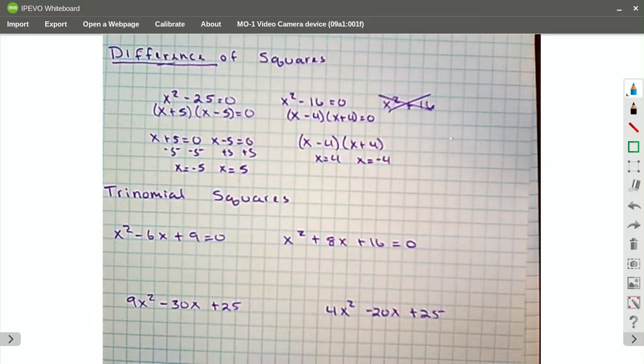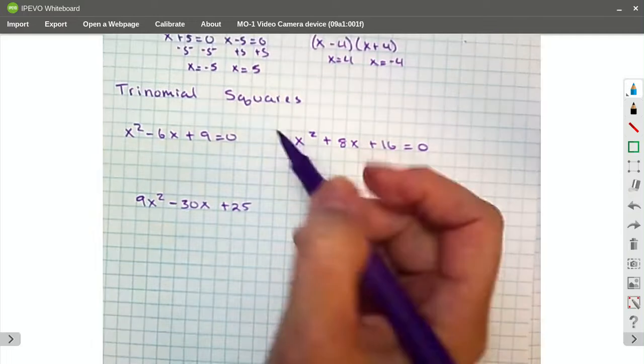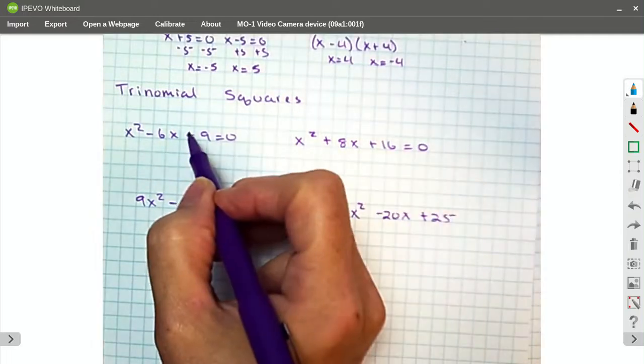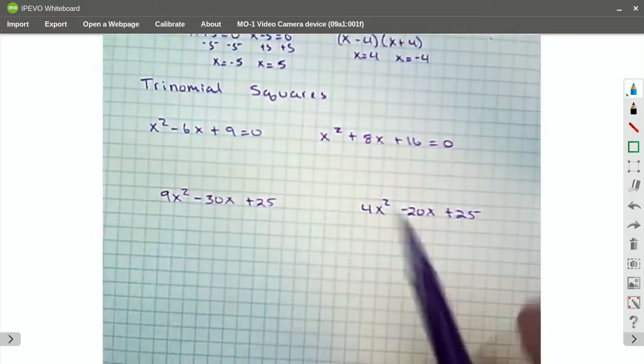All right, a trinomial square is a little bit more, but once you teach yourself how to recognize them, I promise you it's going to come up over and over again throughout the entire course. It really does give you a shortcut.